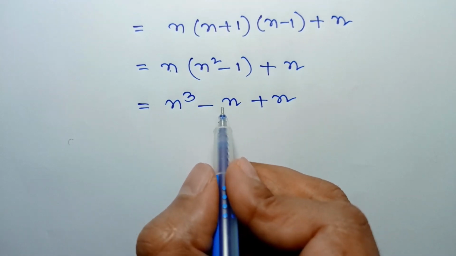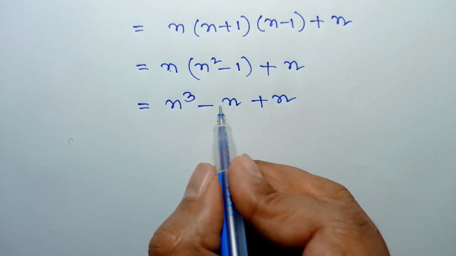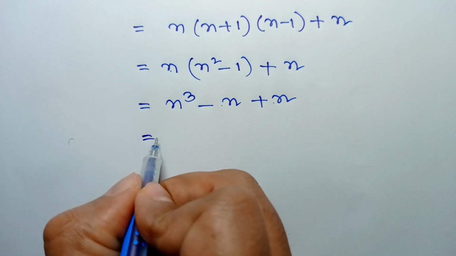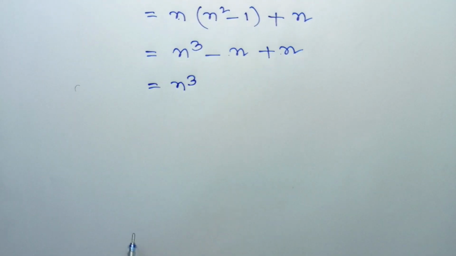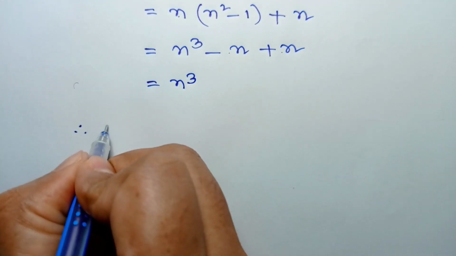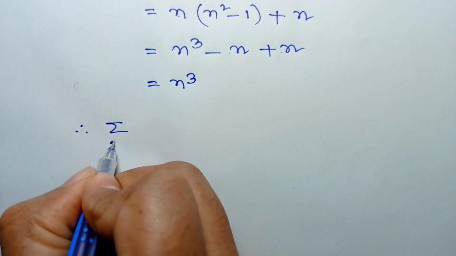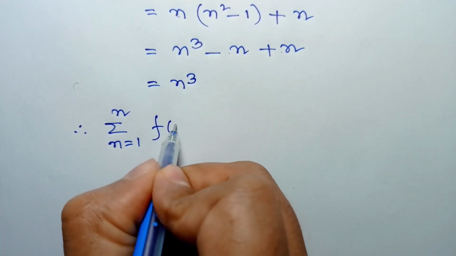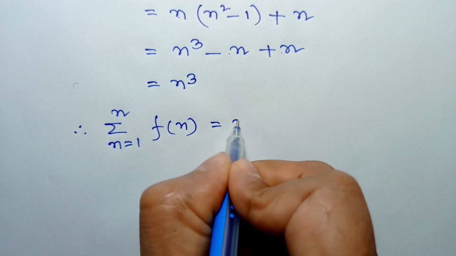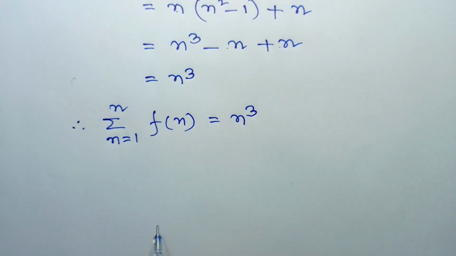This negative n and this positive n will cancel out, so it will remain n³. So summation of n = 1 to n of f(n) is equal to n³.